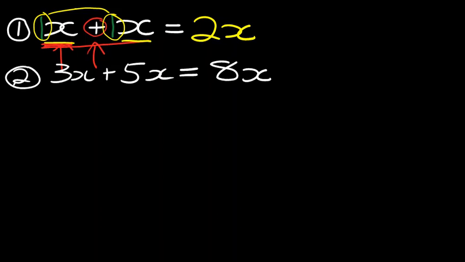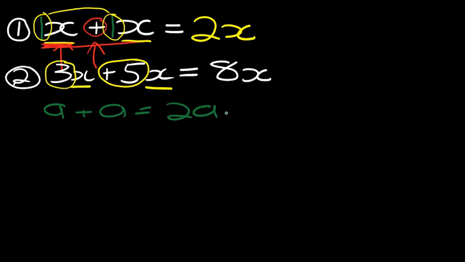Again, there we added the like terms. The like terms are x and x, and then we add the constants, so it's 3 plus 5. Another way to remember it is, let's say you have one apple, and you take another apple, you have 2 apples. An apple plus an apple is 2 apples.